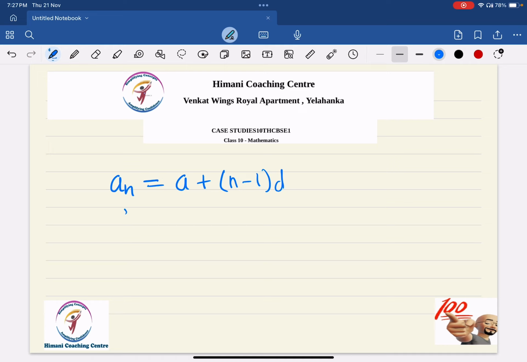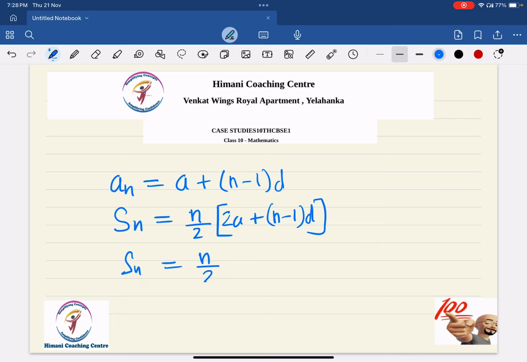Now, if we want to find the sum of n terms of an AP, then the formula is n by 2 times 2a plus n minus 1 times d. And if we know the first term and the last term, in that case the sum of n terms can also be found by just doing a plus l times n by 2, where l is the last term.